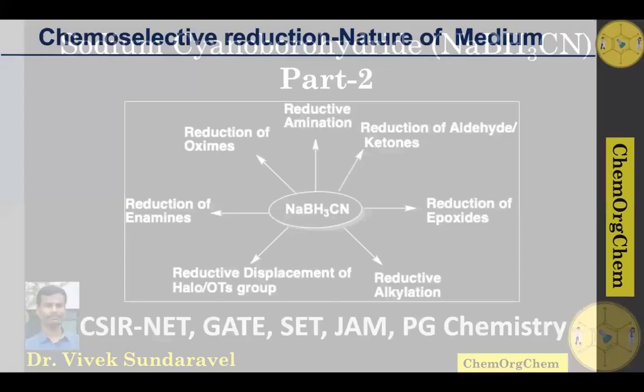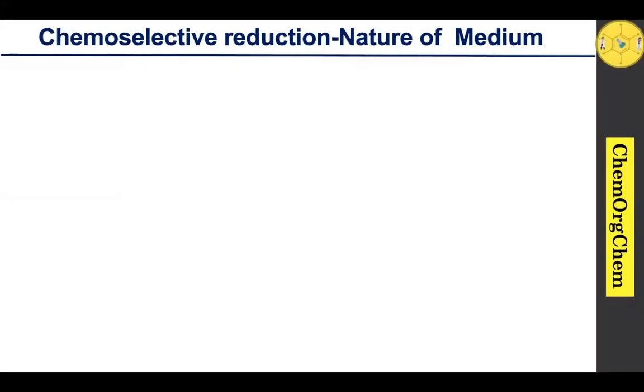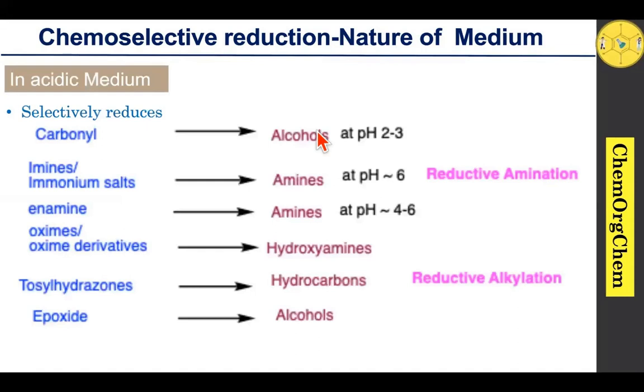Now let's start by briefly recapping what we covered in the first episode. In the first episode, we saw the preparation and structure of sodium cyanoborohydride, and also its chemoselective reducing properties, which mainly depend on the nature of the medium as well as the pH of the reaction medium.